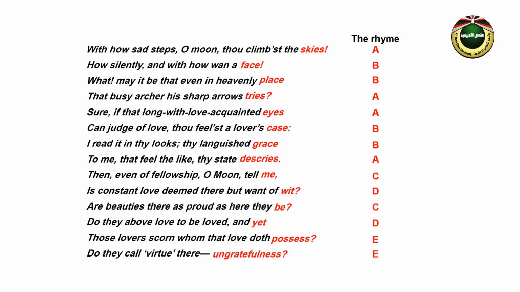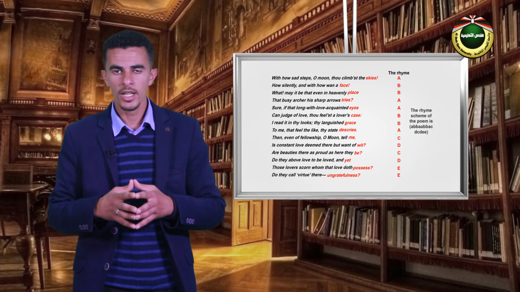They have the same rhyme, so they are given the letter E. So the rhyme scheme of the poem is A, B, B, A, A, B, B, A, C, D, C, D, E, E.